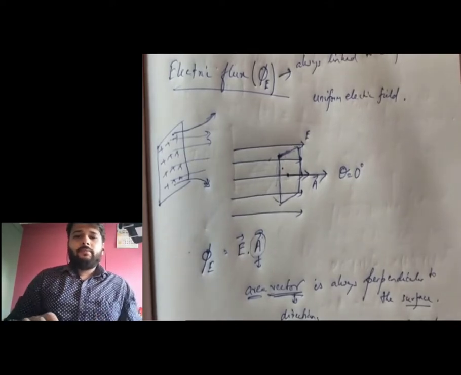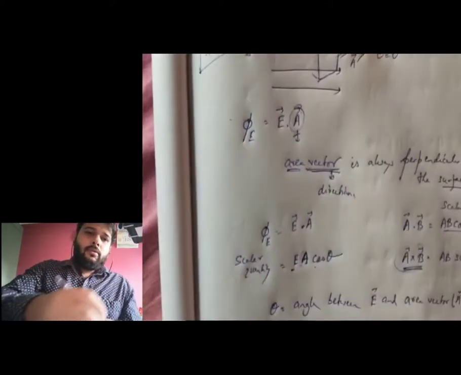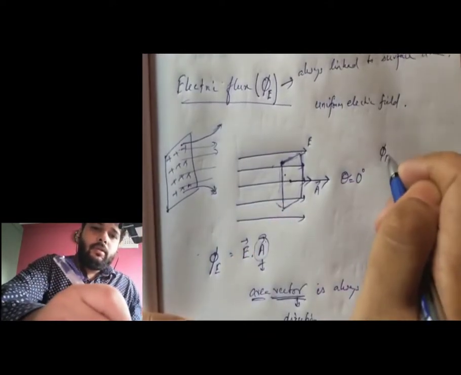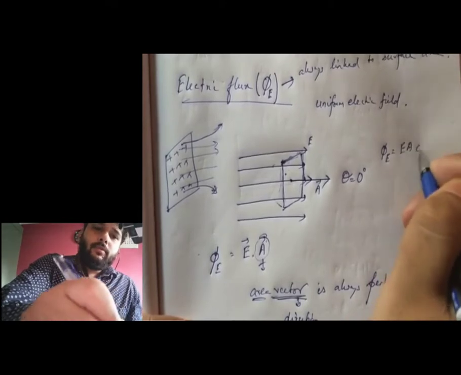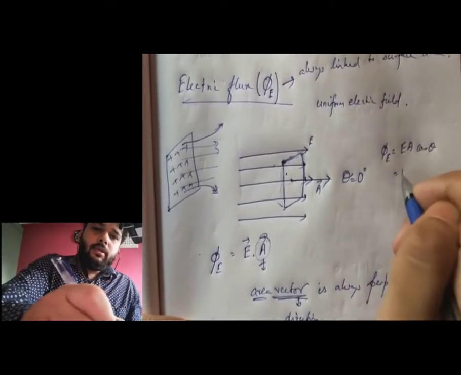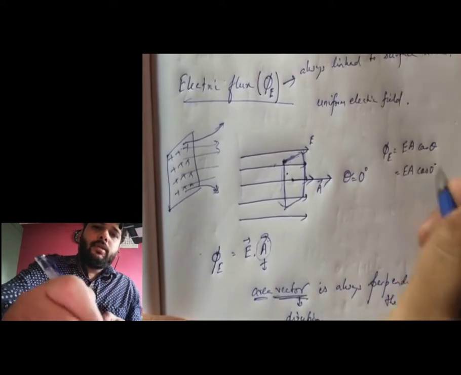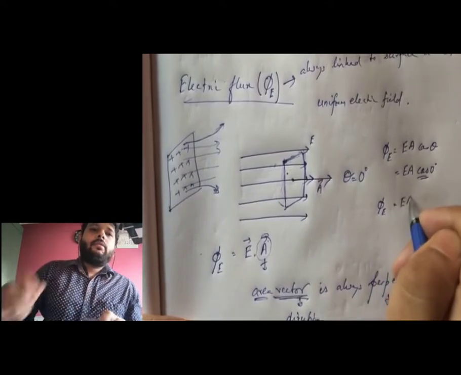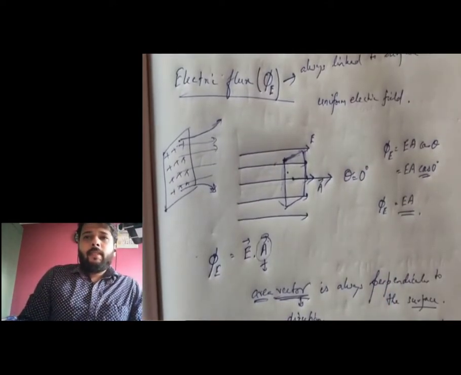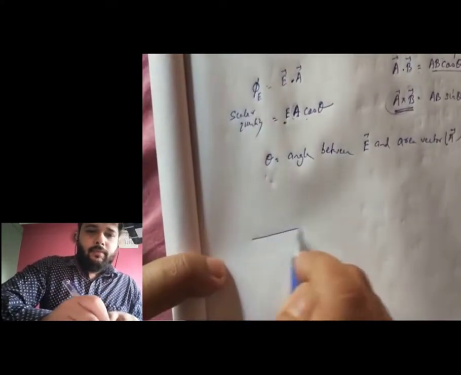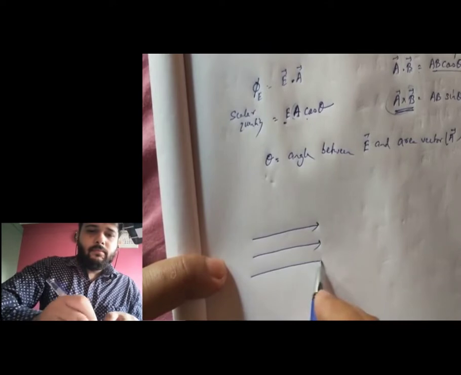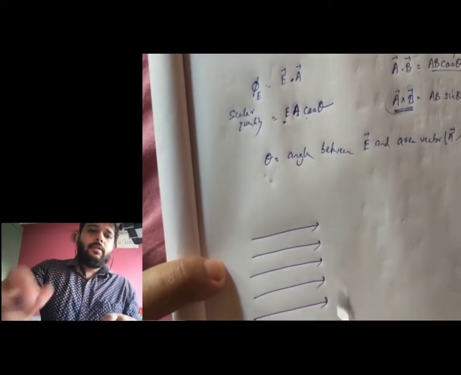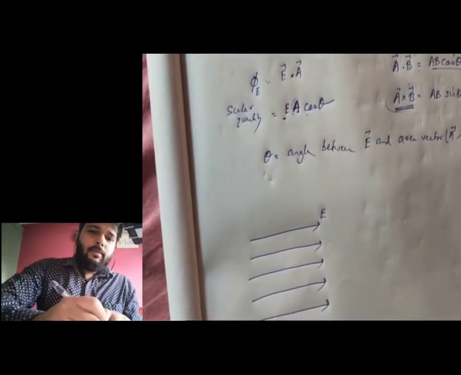Okay, now in this case the electric flux will be EA cos theta, where theta is 0 degree, so EA cos 0 degree, and we know that cos 0 degree is 1. So electric flux will be E into A. This is the electric flux.